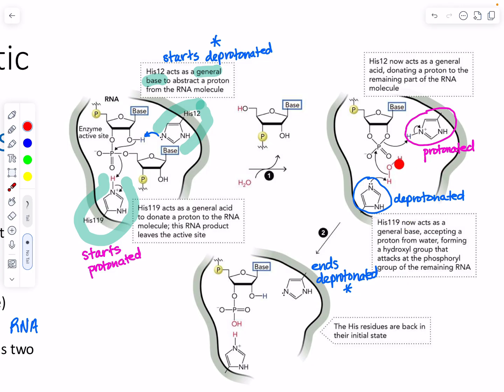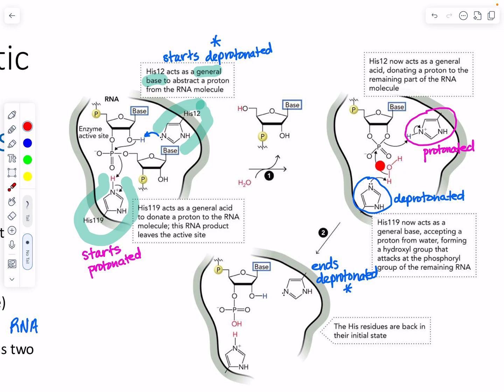So a water molecule is going to enter the active site, and the His 119 is going to be a general base. It's going to take a proton from the water molecule, and that's going to leave this as a hydroxyl.